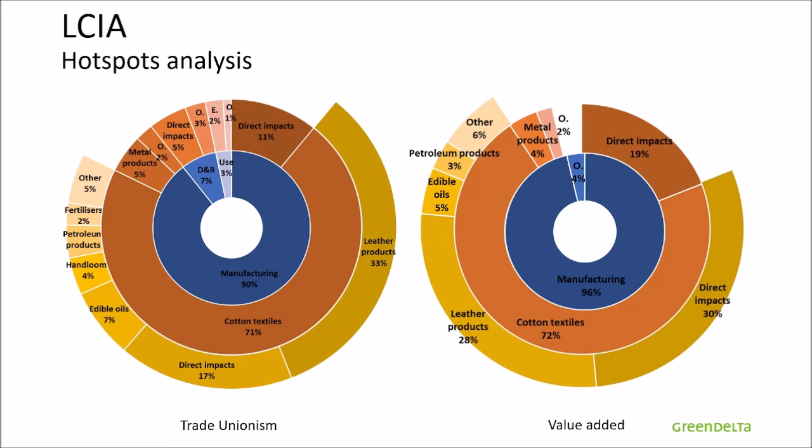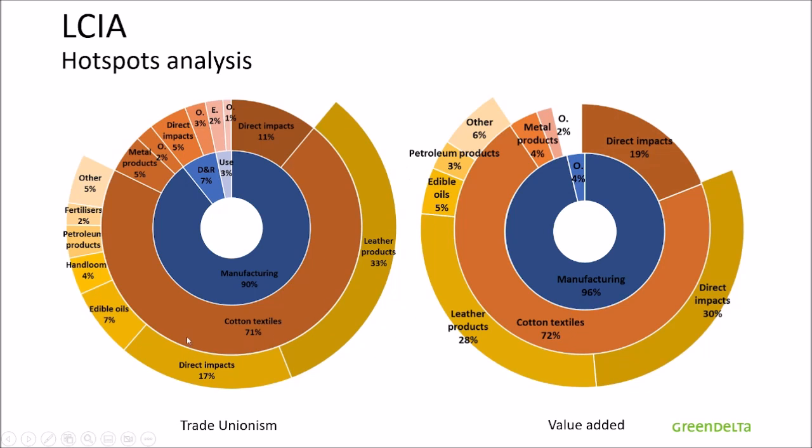Cotton textile manufacturers have a low trade union density, a bit below 20%. The high input of cotton fabric in the manufacturing process justifies why cotton textiles contribute so much to the impact. As you can see, it's over 70%. Within the cotton textile sector, the direct impacts here and the input from leather products are recurrent issues.